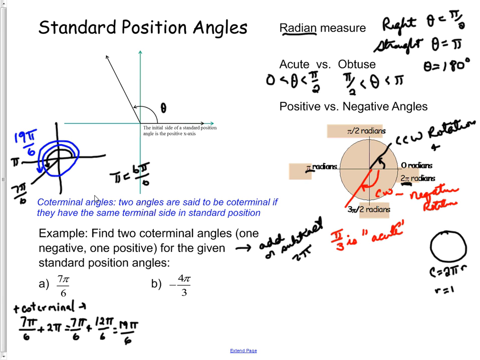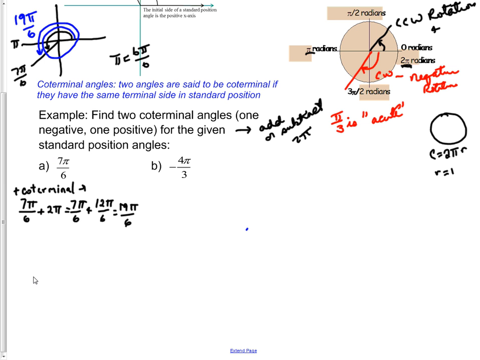If I wanted to get a negative angle, I'm going to subtract 2 pi. So 7 pi over 6 minus 2 pi. Like we did above, we're going to take 7 pi over 6 and subtract 12 pi over 6.